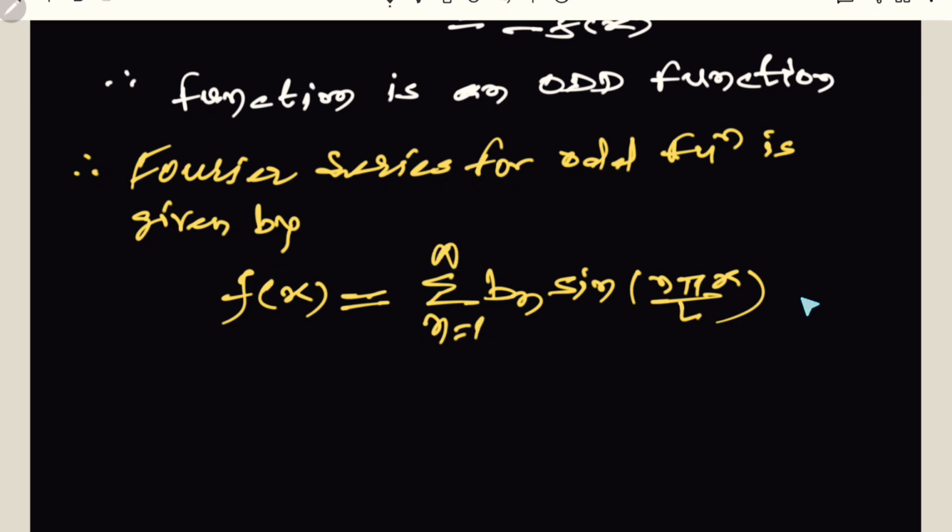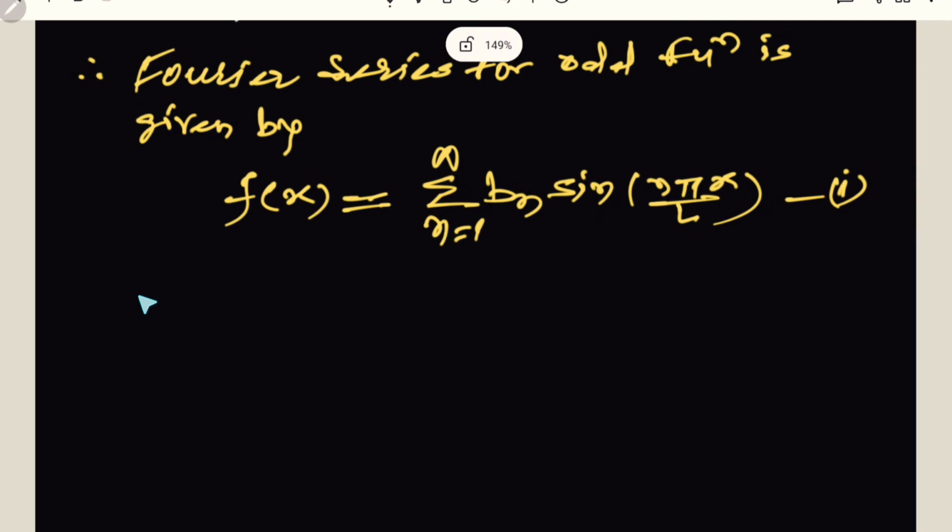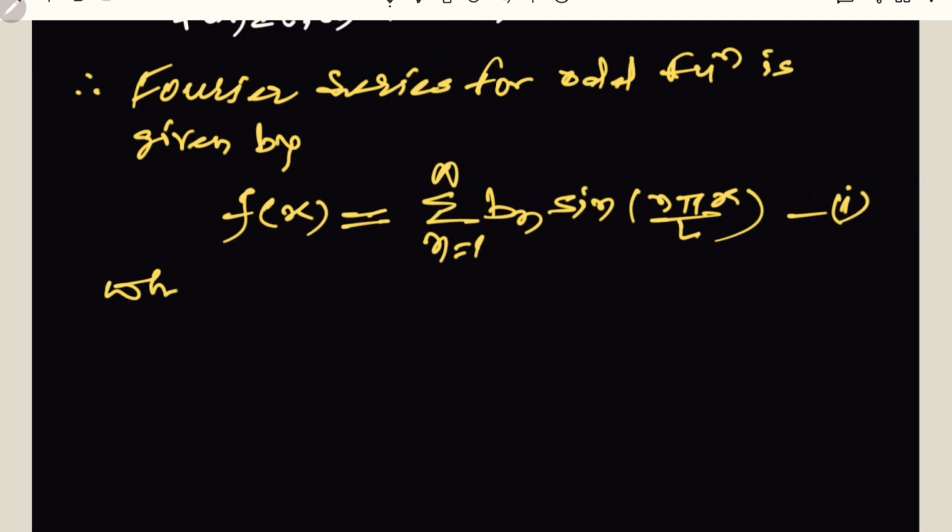We call this equation number 1, where a0 is 0 and an is also 0 as it is an odd function.